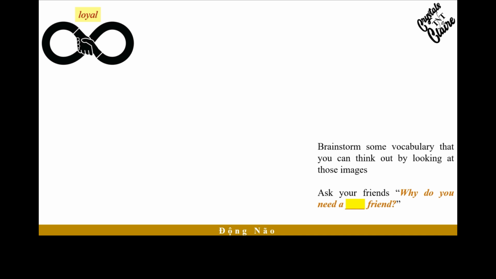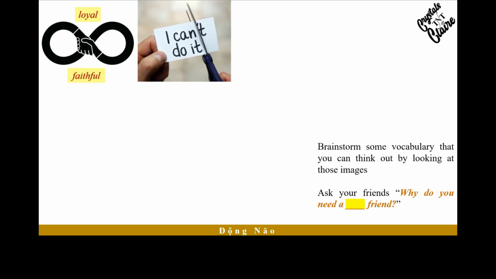So it means lion. Okay, and then ask your friends, why do you need a lion friend? Similar in meaning to lion is faithful. Why do you need a faithful friend?